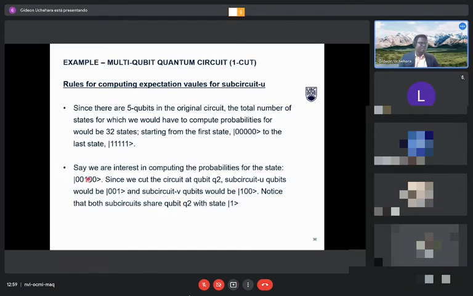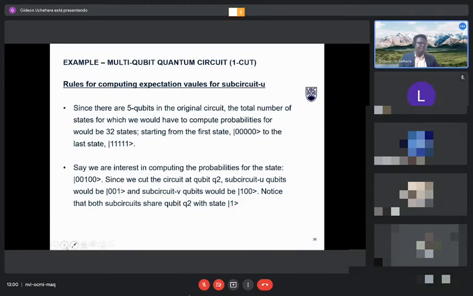If we cut this circuit, part of the circuit goes to subcircuit U and part goes to subcircuit V. That's why for subcircuit U, we have the state 0, 0, 1, starting from here all through the point of cut. And for subcircuit V, we have from 1 all through to the end, which is 1, 0, 0. So both of them share the qubit that was cut, which is qubit 2, and it's in state 1.